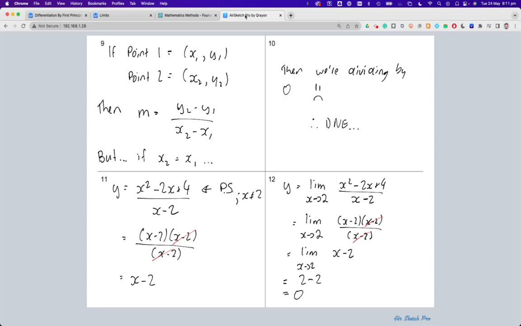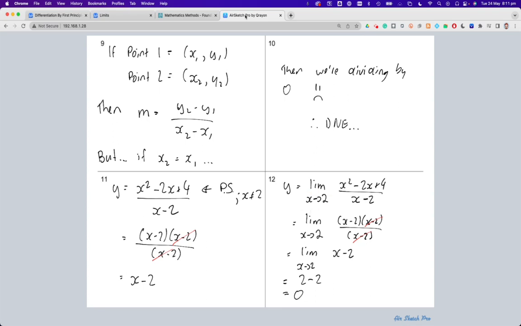Really important to see here that I'm not saying when x equals 2, y equals 0. I'm saying as x approaches 2, the value of y approaches 0. And in fact, because I'm doing this on an infinitely small scale, there is no gap between a value approaching 2 and where it is at 2.